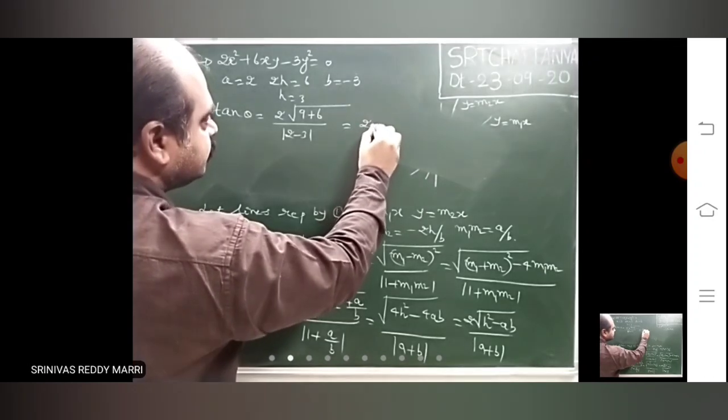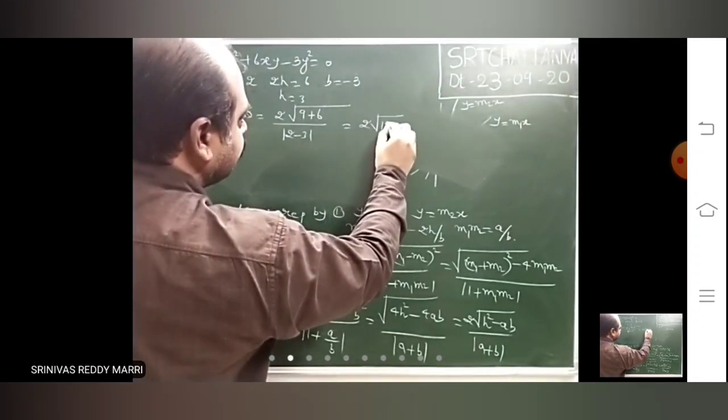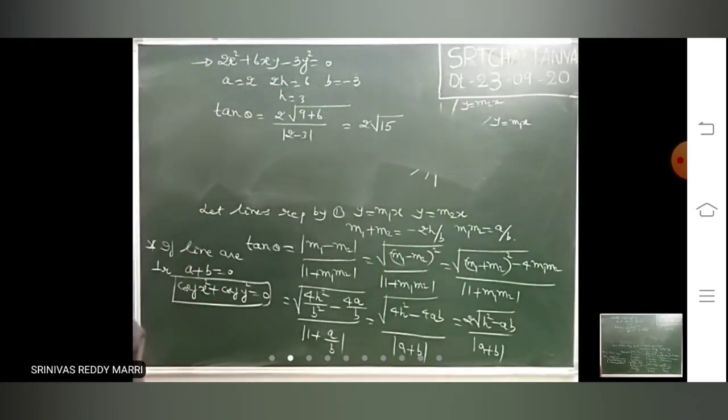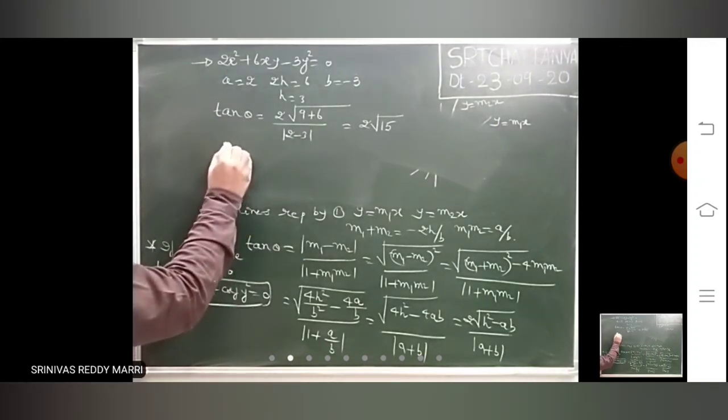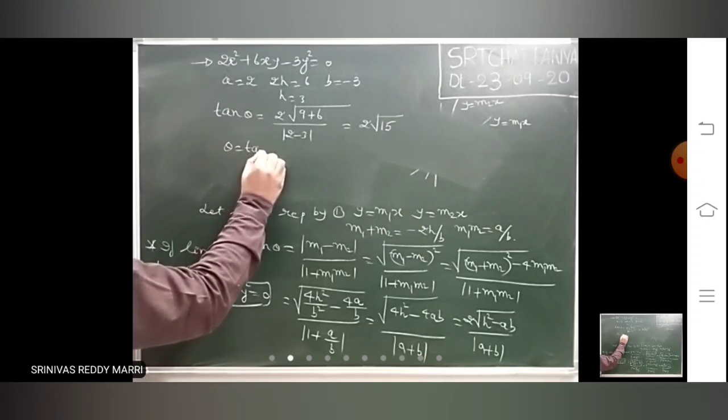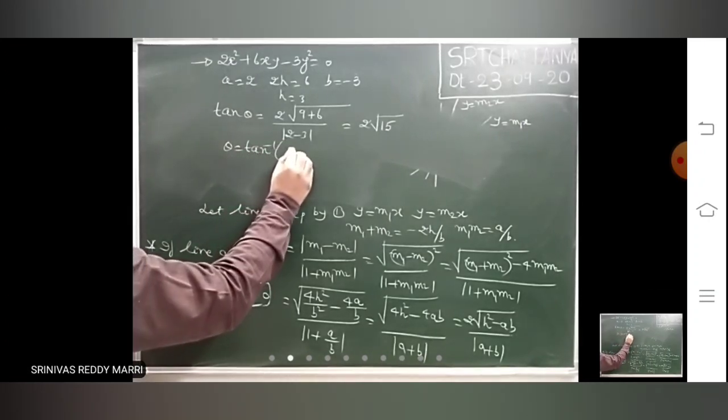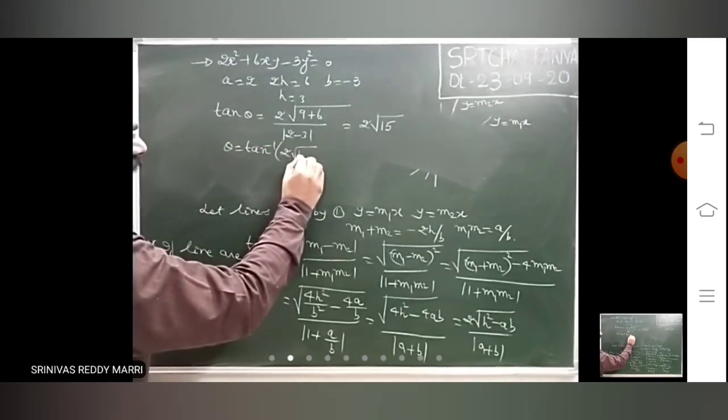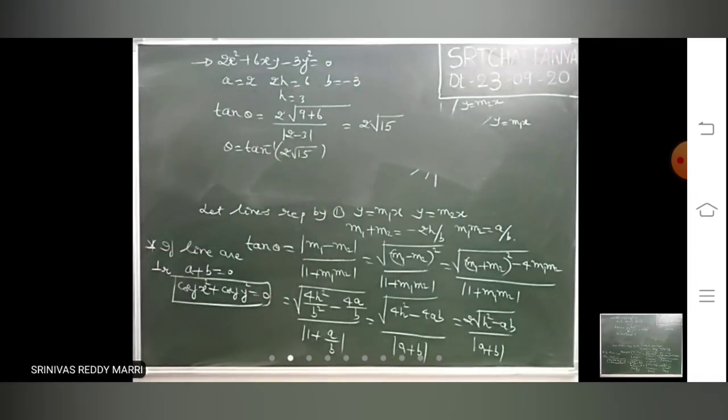That means this is 2 root 15. So the angle between the lines is tan inverse 2 root 15.